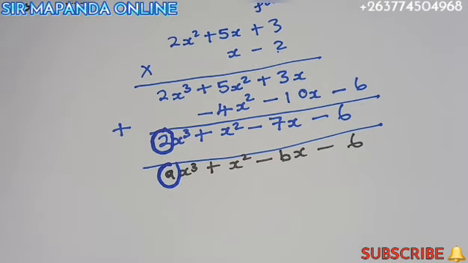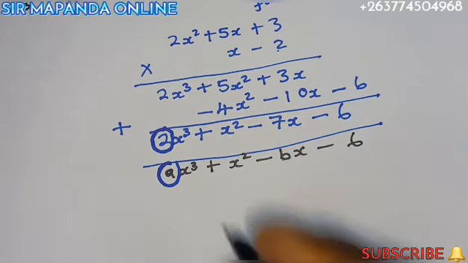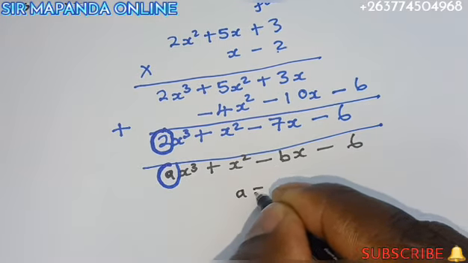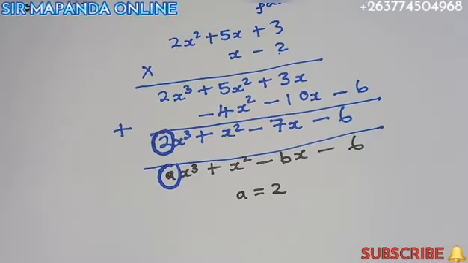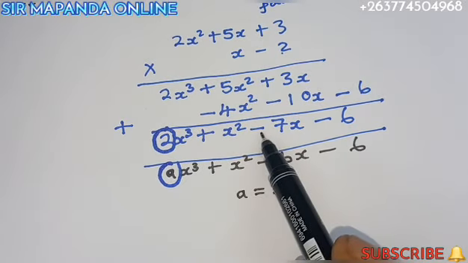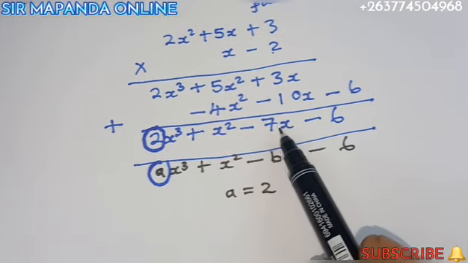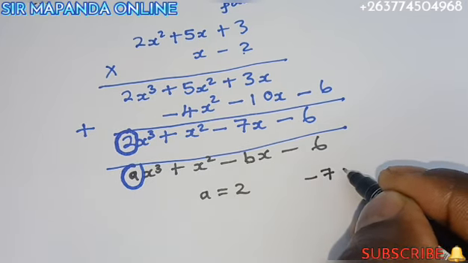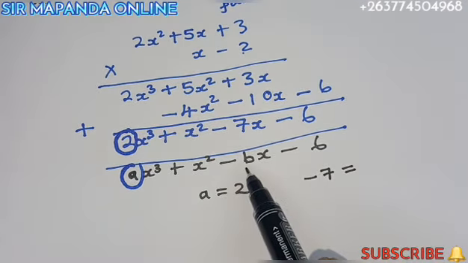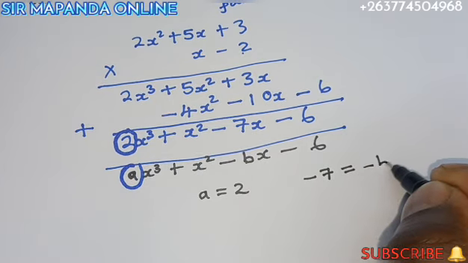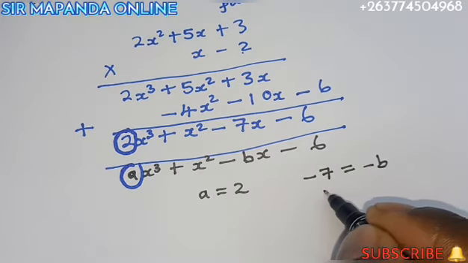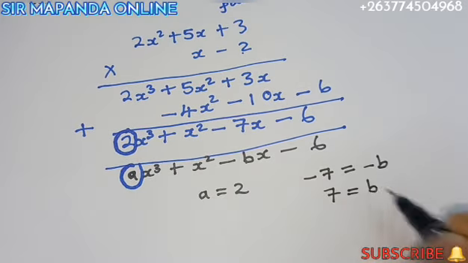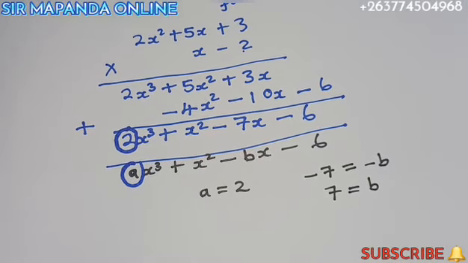I hope you are following. So in simple terms, we are saying a is equal to 2. Then the coefficient of x in the expanded expression is minus 7, and the coefficient of x is minus b. You can notice that 7 is equal to b. So these are the answers. I hope you are following.